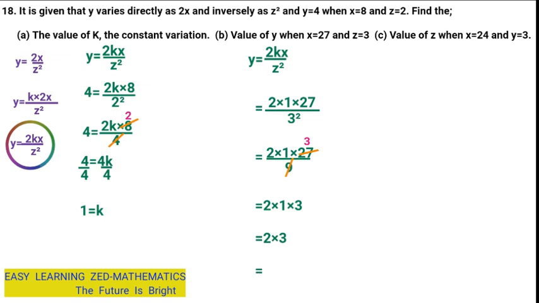That is the answer. So the value of y when x is equal to 27 and z is equal to 3 is 6.